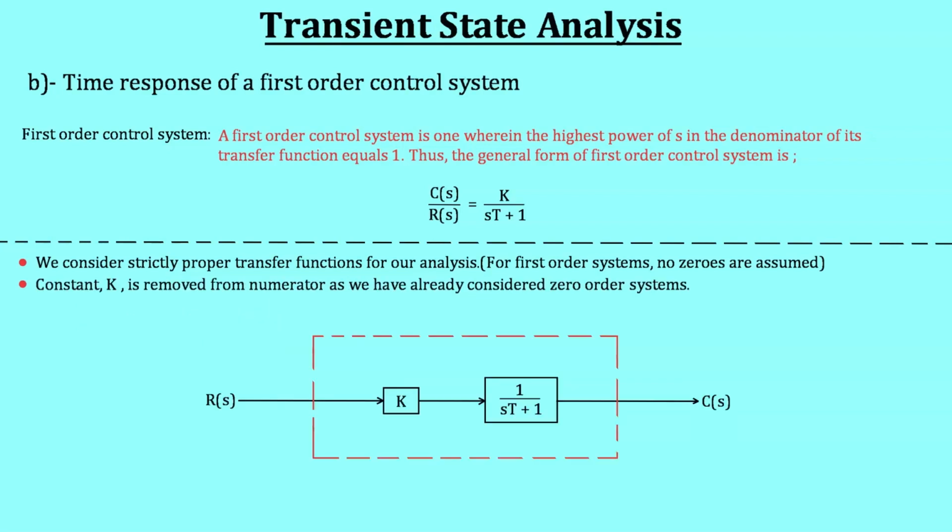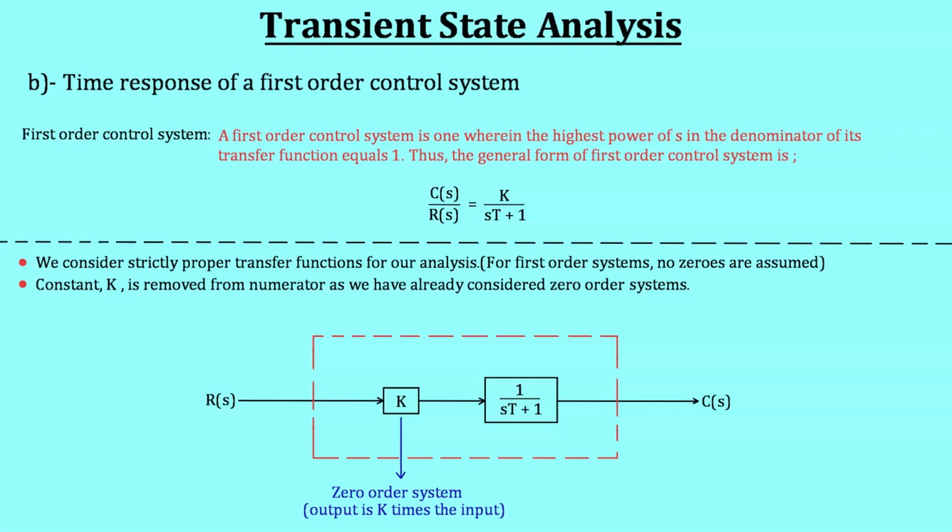The second point is, the constant k is removed from the numerator as we have already considered zero-order systems. The transfer function of the general form of a first-order control system is k divided by (sT plus 1), which can be written separately like the block diagram shown on the screen, where k is written separately and 1 upon (sT plus 1) is written separately.